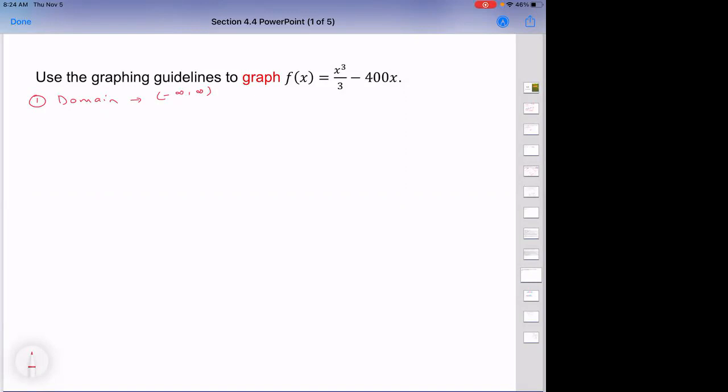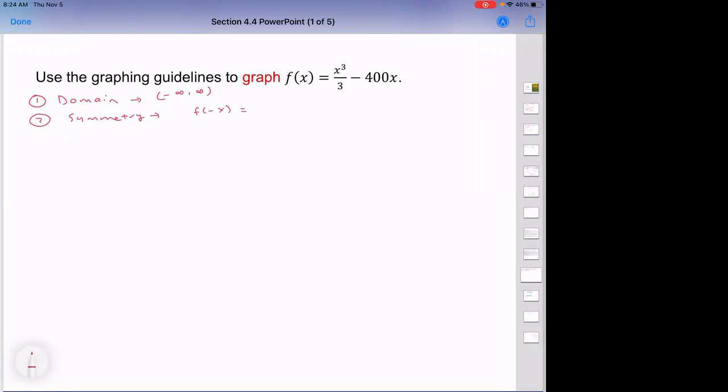Okay. So is this an even function or odd function? How do we know? Replace x by negative x and see what you get.